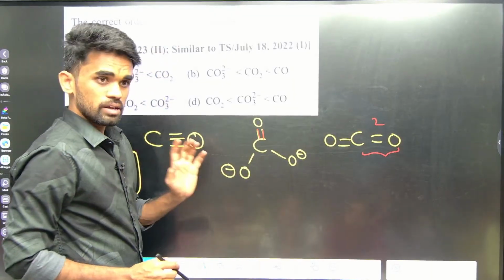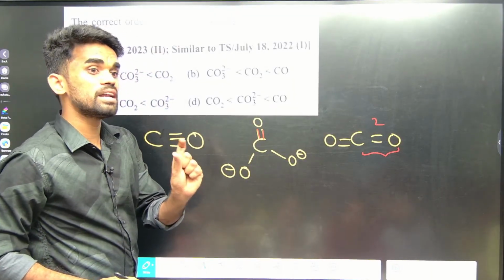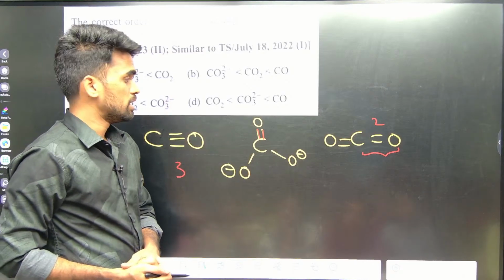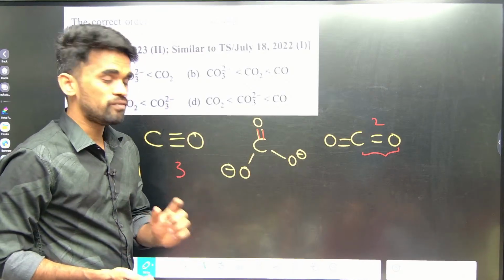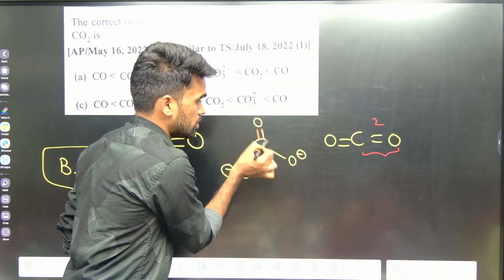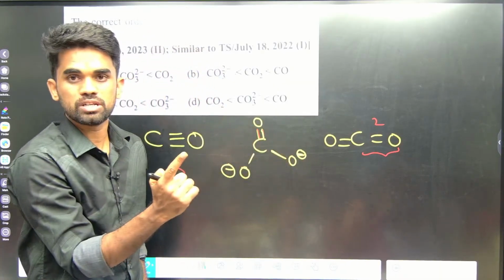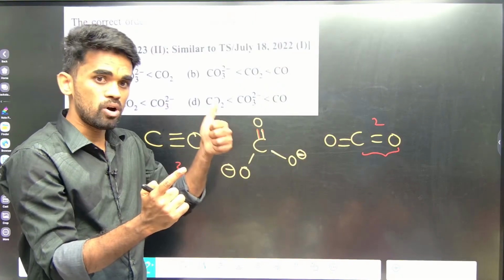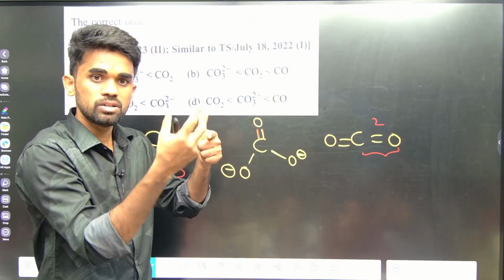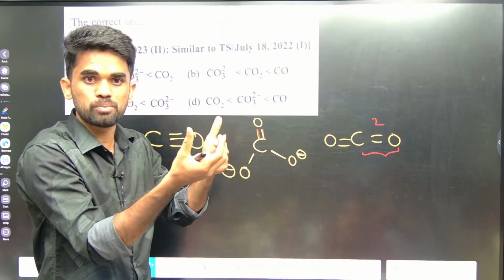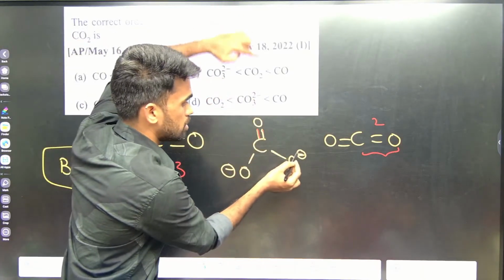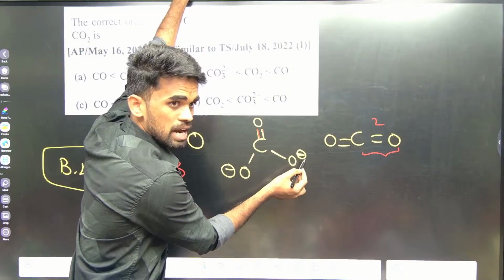Here, you just listen. There is a concept called resonance. Resonance is possible when a pi bond, sigma bond and some charge are in alternate positions. See, pi, sigma, charge. They are alternate or not?